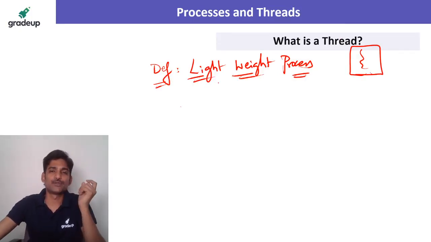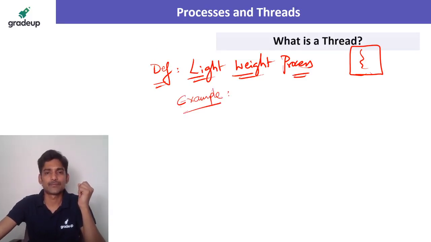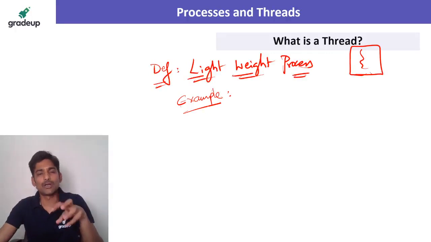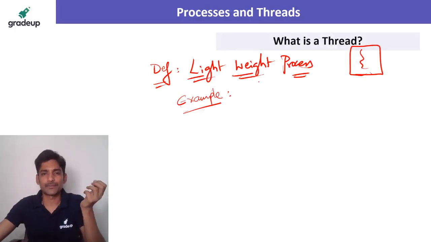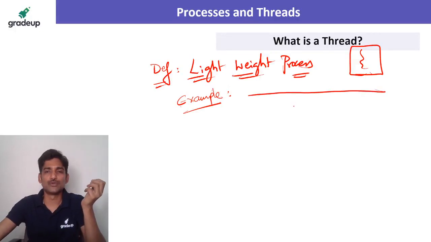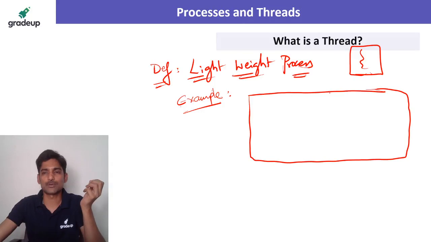But if you do not understand with this definition, let me give you one simple example. When you are watching, let us say, a movie or something through a player. Let us suppose this is a player application.